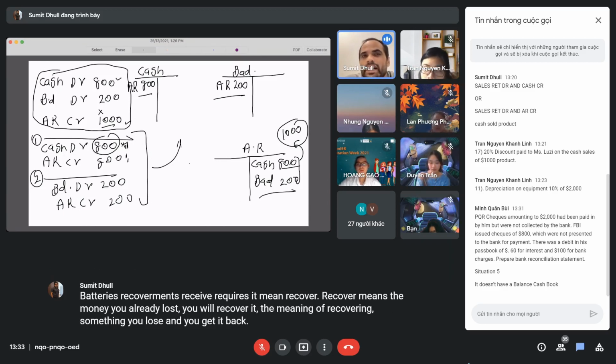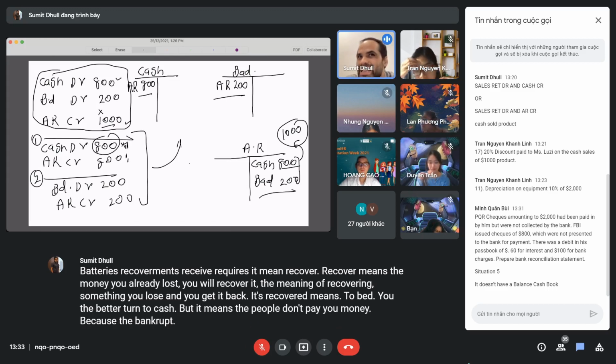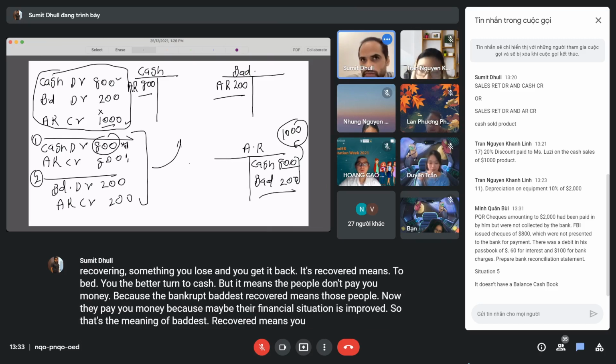So bad debts recovered means the bad debts turn to cash. Bad debts means people don't pay you because they are bankrupt. Bad debts recovered means those people now pay you, maybe because their financial situation has improved. So you receive cash from bad debts.